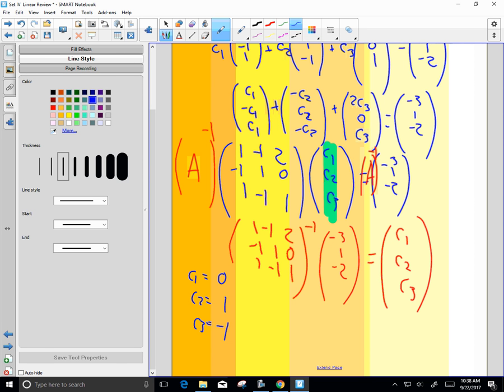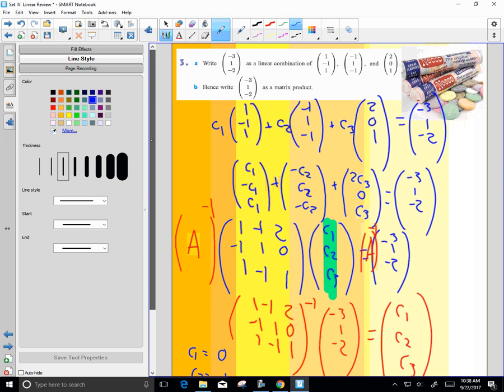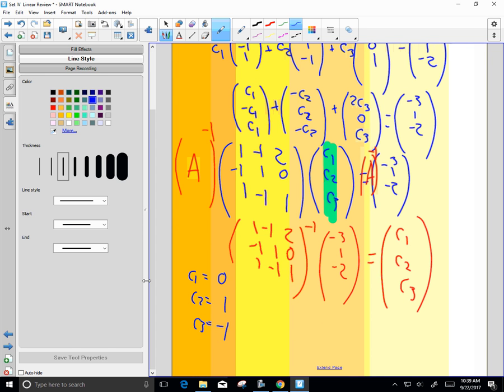Okay. So now we got to go back and look at what the problem asks. Write this as a matrix product. So what you're doing there is you're saying, okay, as a matrix product, C1 is 0, C2 is 1, C3 is negative 1.